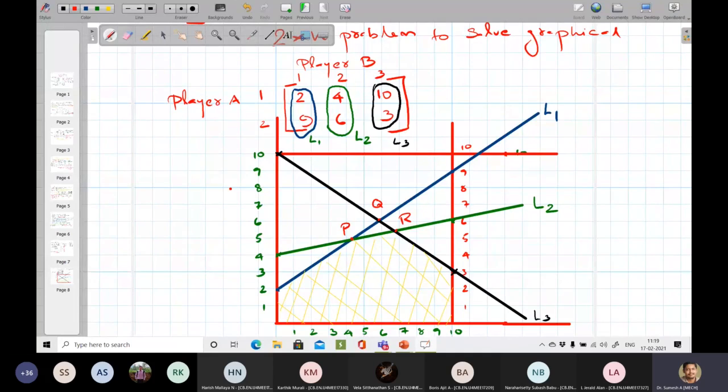So this is my feasible region. The feasible region is not covering the point Q, so I am not taking the point Q. Now, what is the value of the game?